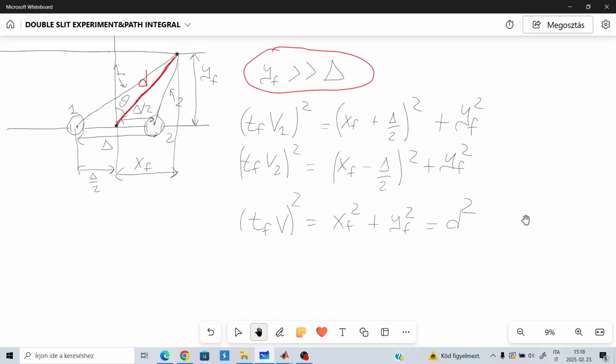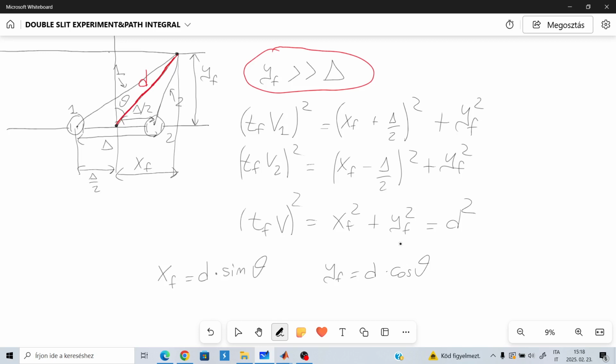And for example, we can write xf as this length d times the sine of the angle theta, whereas yf would simply be d times the cosine of theta.